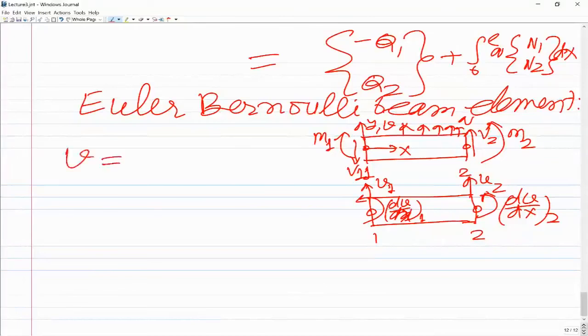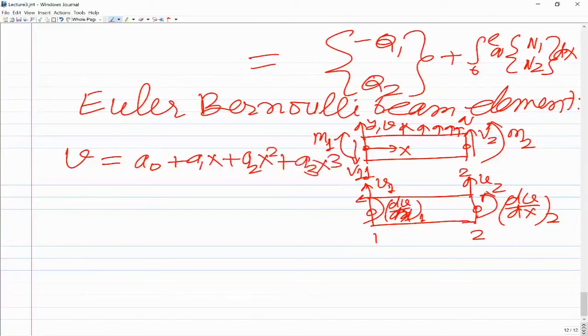So that should be a0 plus a1x plus a2x squared plus a3x cubed. Now we have four terms a0, a1, a2, a3. They can be expressed in terms of v1, dv by dx at 1, v2 and dv by dx at 2.